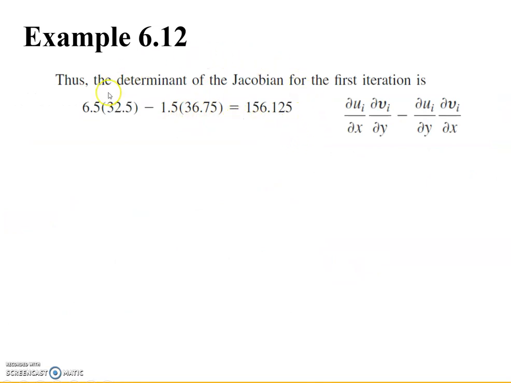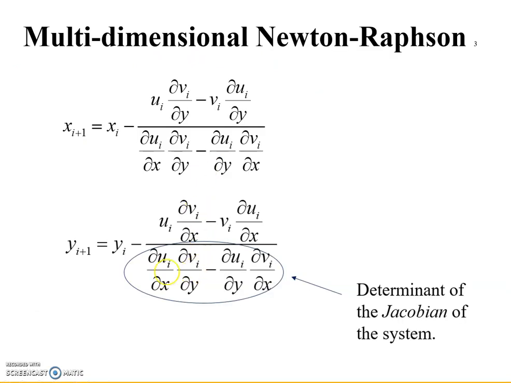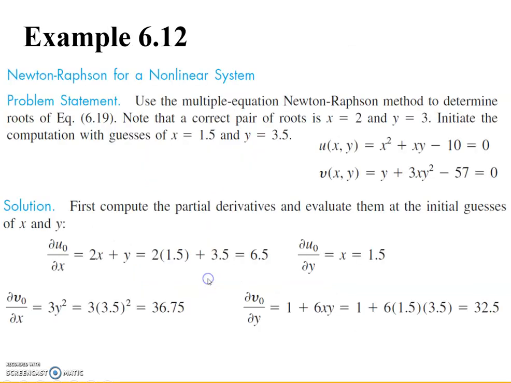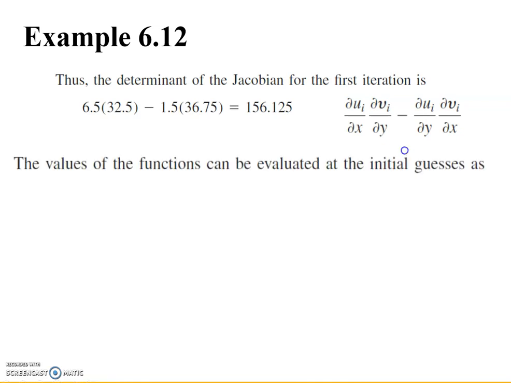Basically we have already calculated the determinant. What we have to do is substitute the values for xi and yi over here. This is the Jacobian or the determinant for Cramer's rule that we have calculated.